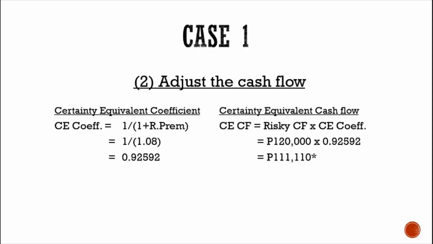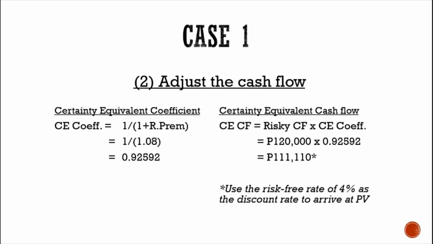Again, this trimmed down cash flow, trimmed down from 120,000 pesos, would mean that the value will be lower. We use the risk-free rate of 4% as the discount rate to arrive at the present value if we are to discount the certainty equivalent. The key here is to compare apples to apples.